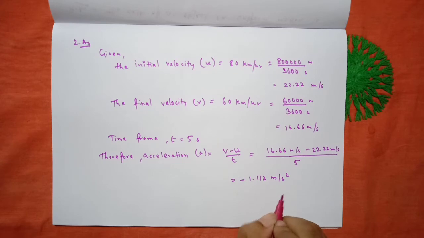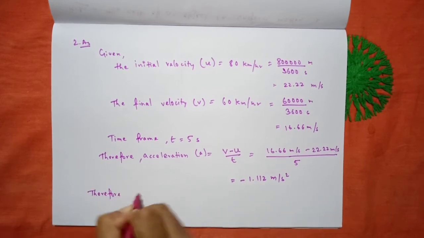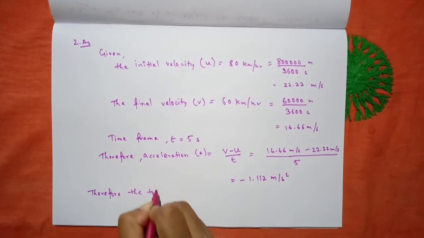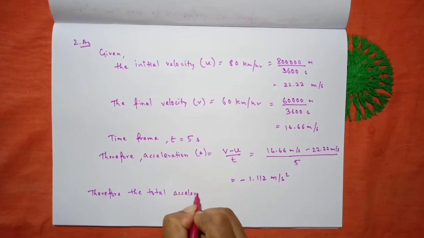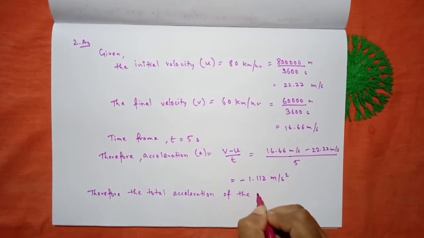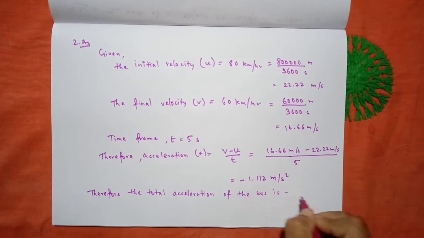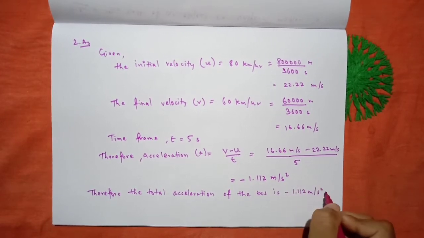Okay, now therefore the total acceleration of the bus is minus 1.112 meter per second square.